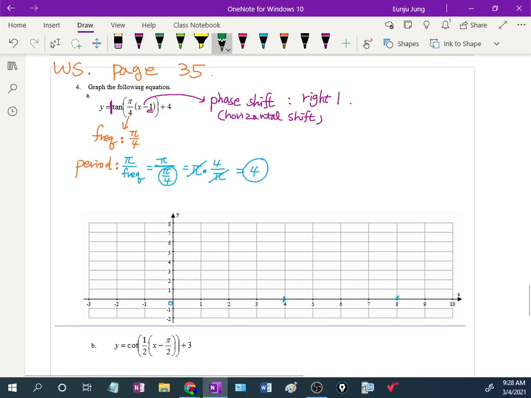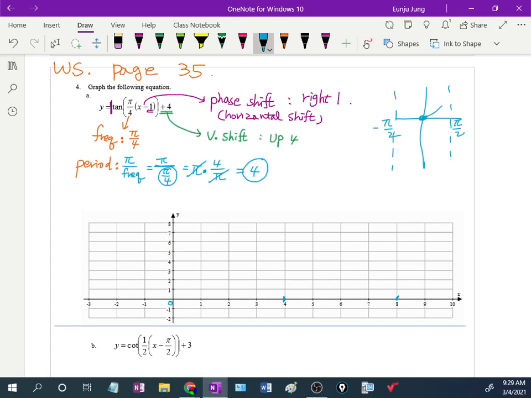And the last one, we have a +4 after the function here that is related to vertical shift. It's going up 4 units. We follow the same sign. So that is going up 4 units. So let's see the parent function of the tangent function. The tangent function has a parent function like this, passing through 0, 0, and there is a vertical asymptote at negative pi over 2 and pi over 2.